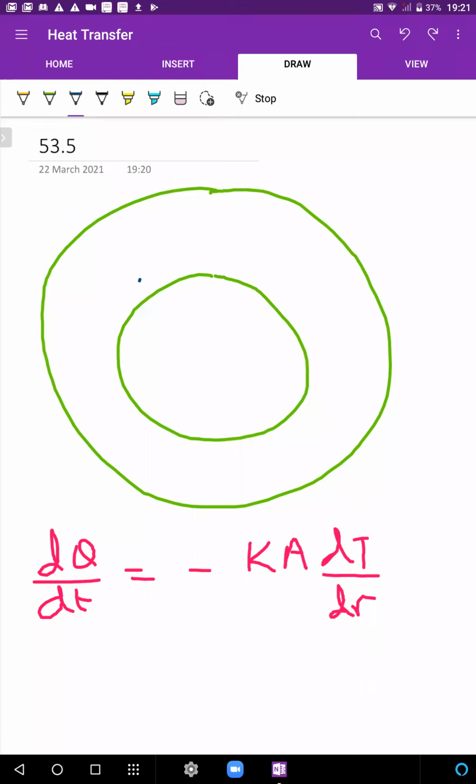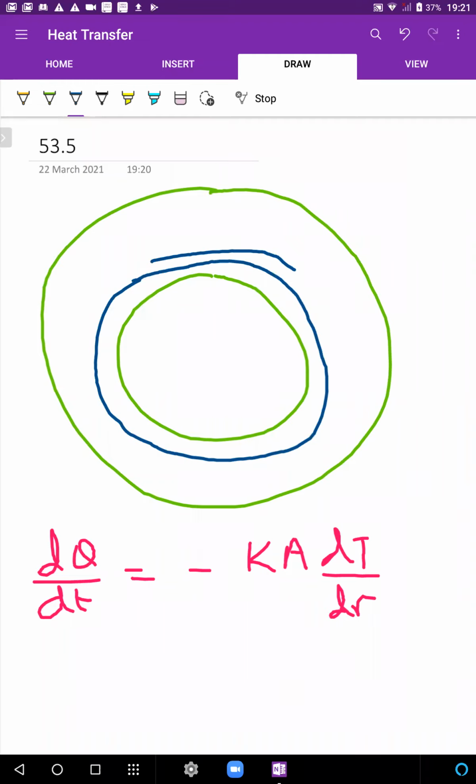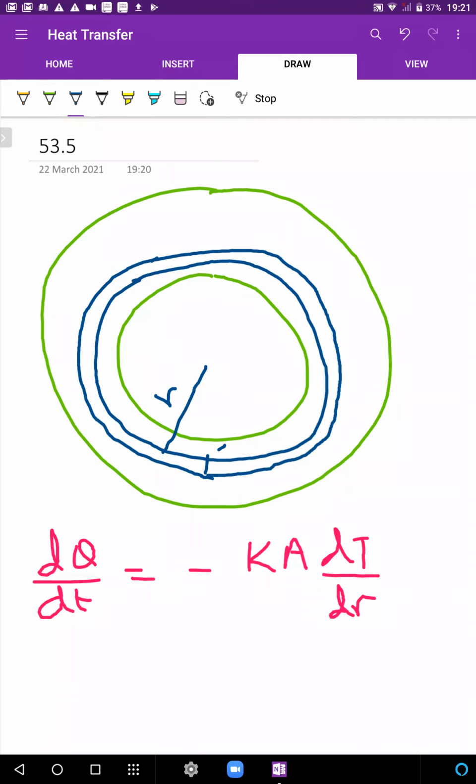All right, so I'm going to naturally consider a thin spherical shell of radius small r and thickness dr. Okay? And clearly r is going to vary from whatever r1 to r2.